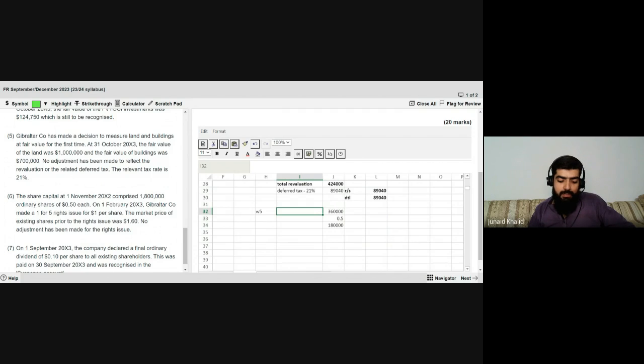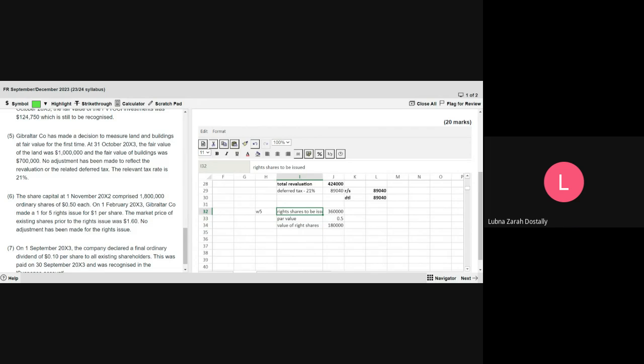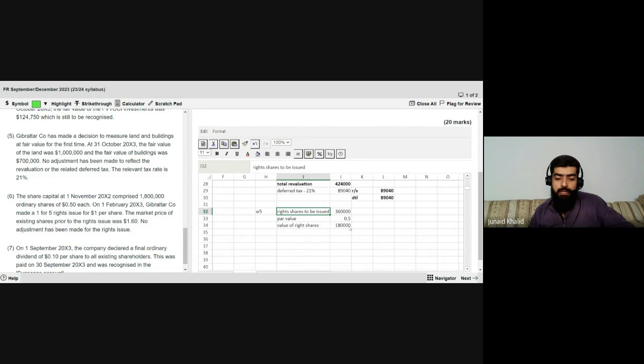The 3,60,000 is the right shares to be issued, and multiplied by the par value, that is the value of the right shares. Are you getting the point? So we'll be issuing $1,80,000 of right shares.